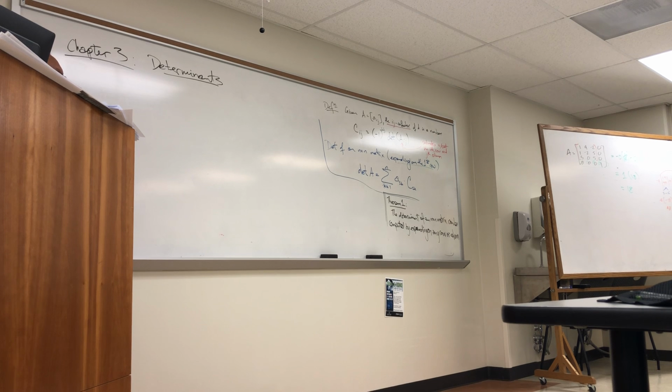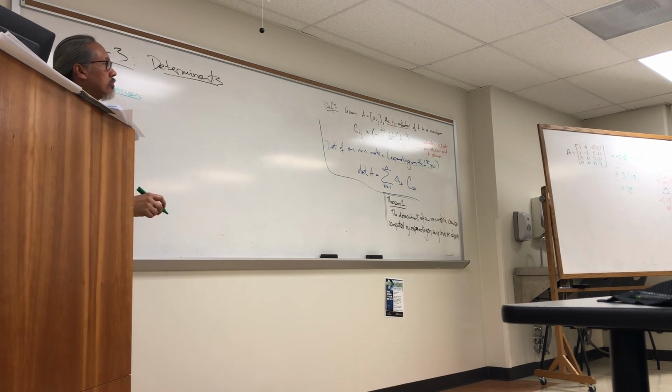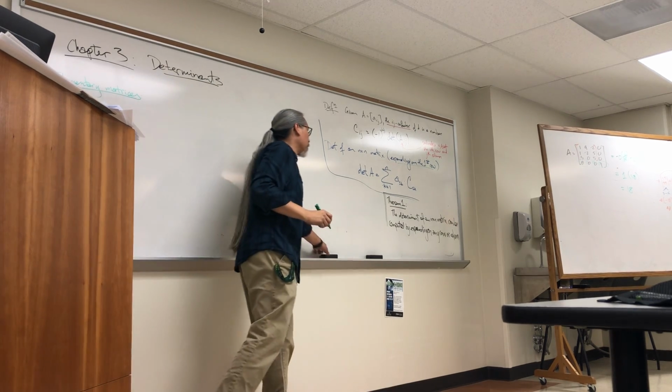So let's take a look at some elementary matrices. There's one kind of elementary matrix that we use a lot. That's the adding business, right? So let's say we multiply first by something.